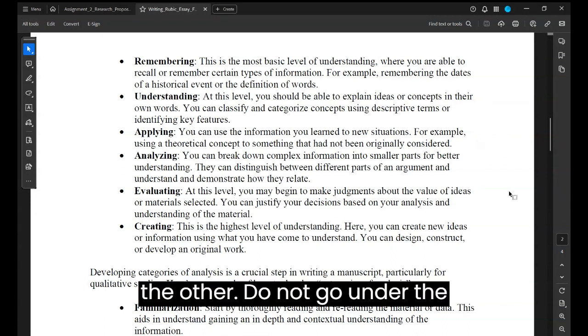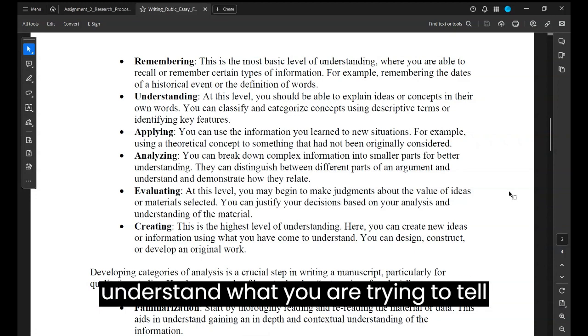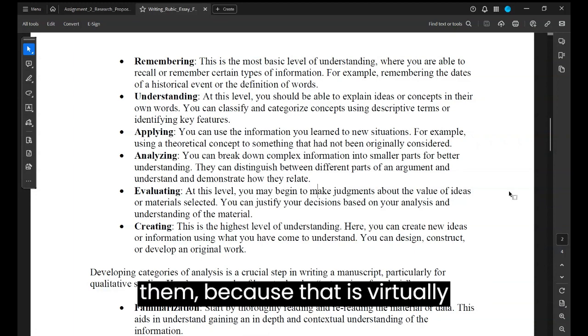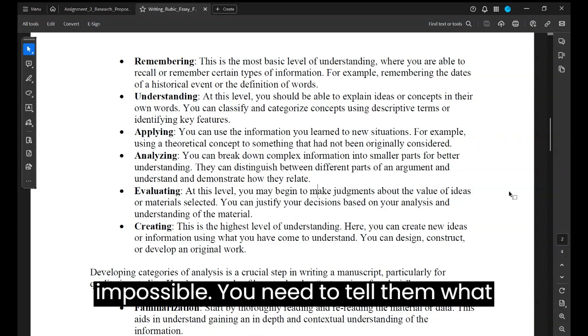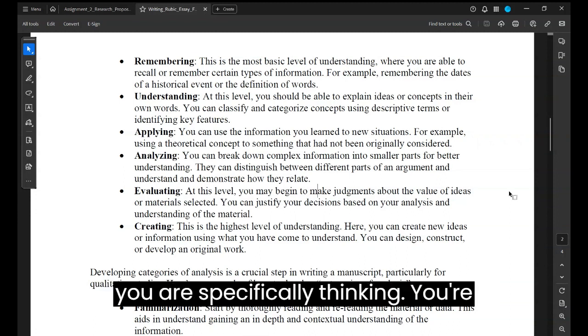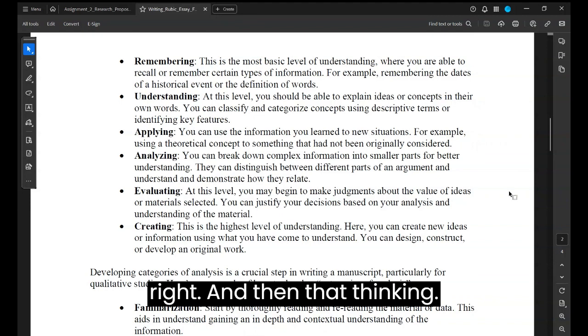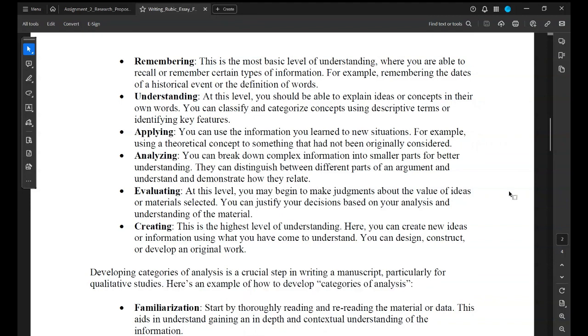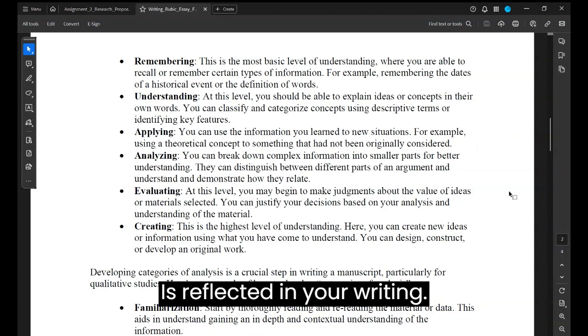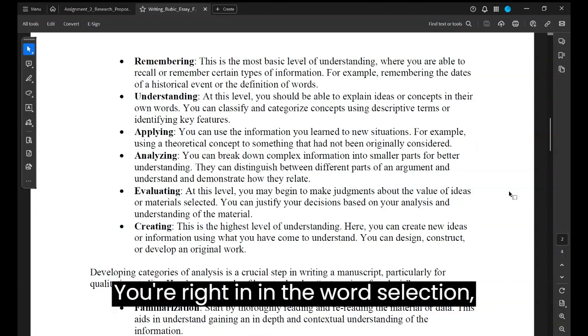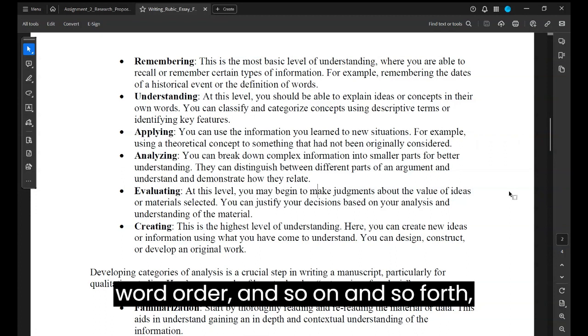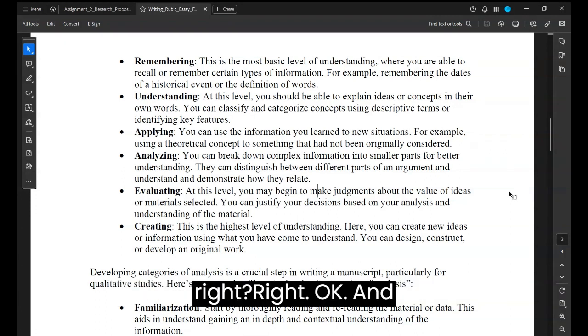Do not go under the assumption that your reader will understand what you are trying to tell them, because that is virtually impossible. You need to tell them what you are specifically thinking, right? And then that thinking is reflected in your writing, right? In the word selection, word order, and so on and so forth, right?